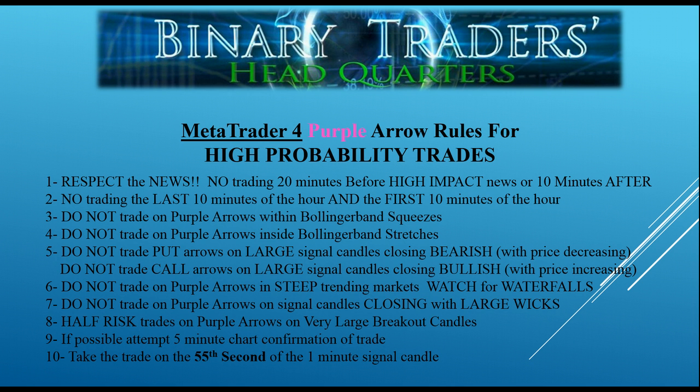The purple arrow is not a passive trading system at this point. It is an active trading system, which means you are going to have to make some decisions on whether or not the arrow is presenting itself to you in a way that gives you the highest likelihood of winning the trade you're considering taking with it.